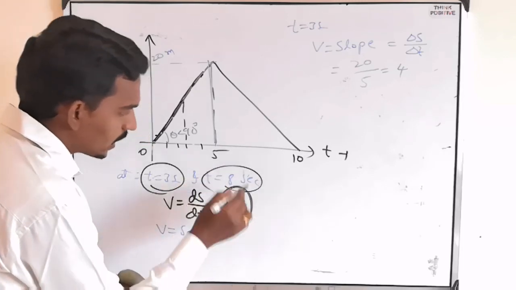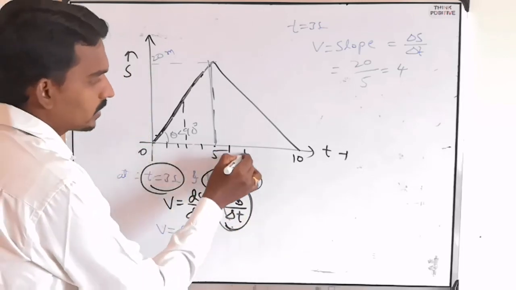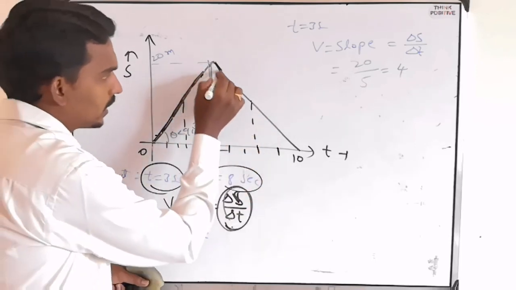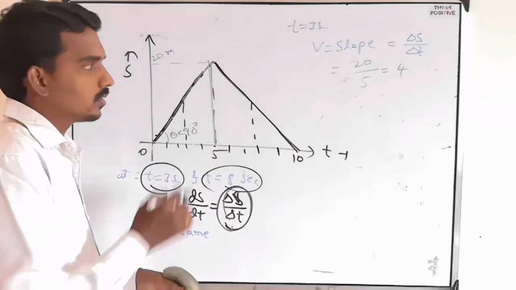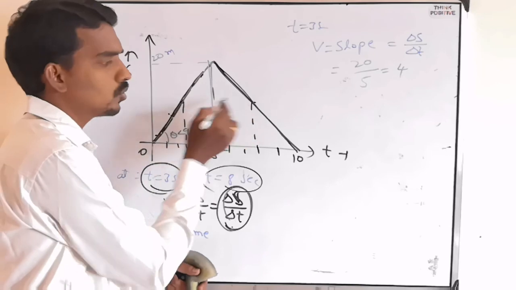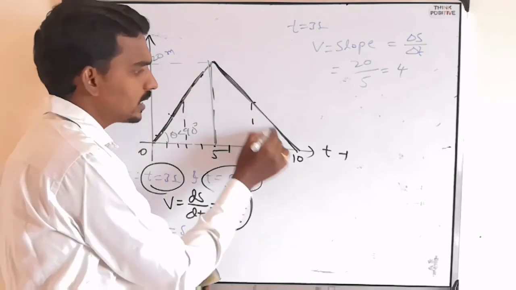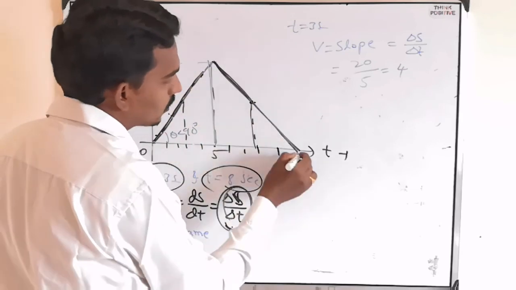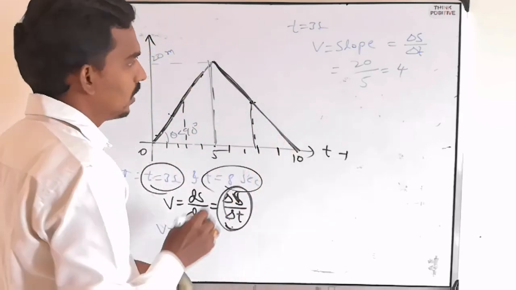But the other question is at t equal to 8. 5, 6, 7, 8, 9, 10. So 8 is here somewhere. From here to here is again one more straight line, so the slope is the same, but different from here, because these two are not the same line. Now at 8 seconds means here, and from here to here the same slope.